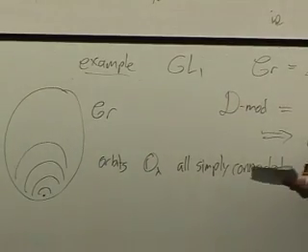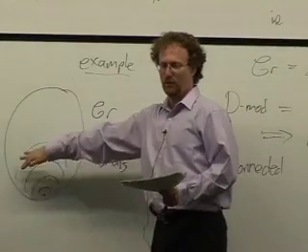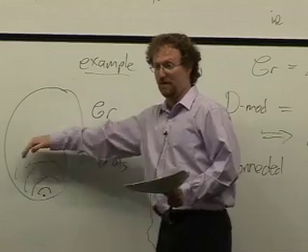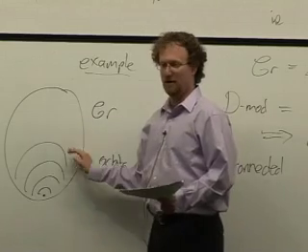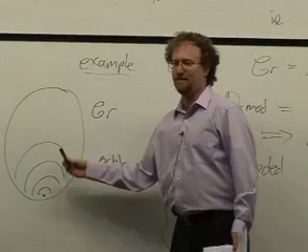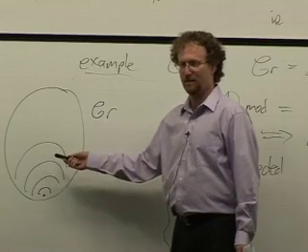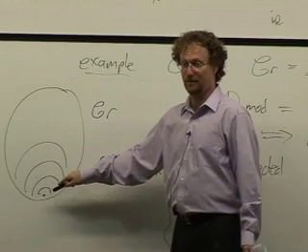So if you want a D module that's equivariant for this group, so it's basically translation invariant along this orbit, it's just going to be given by a flat vector bundle on each orbit, and these flat vector bundles in fact are just trivial vector bundles. So for each orbit, all you have is a multiplicity.